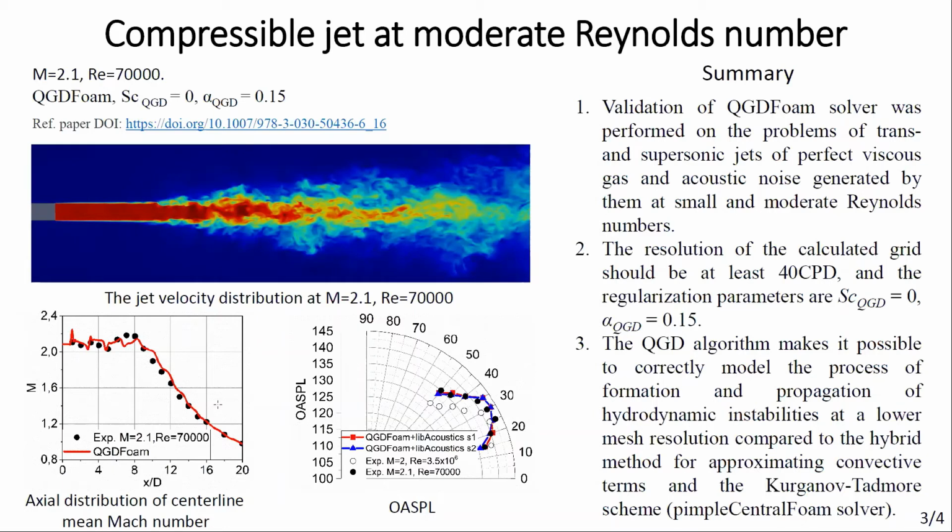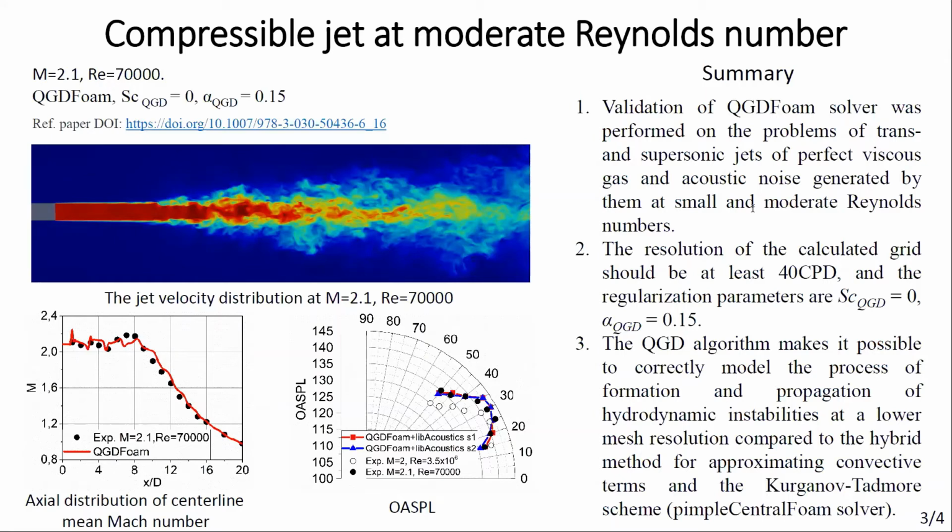At the low Reynolds number, the acoustic spectrum is dominated by a narrow band of frequencies, and at the moderate Reynolds number it is quite full. So we solved this task and validated the QGDFoam solver on problems of transonic and supersonic jets.